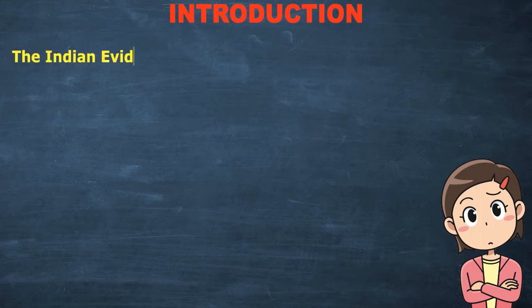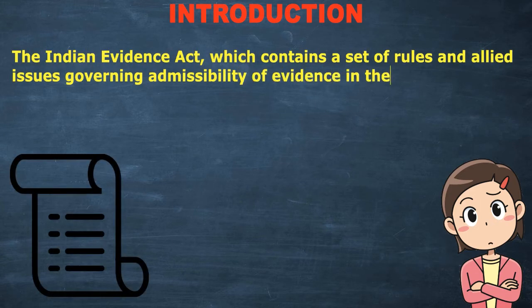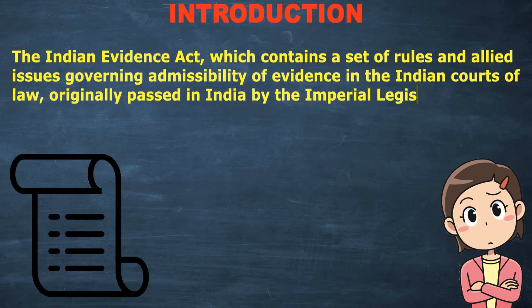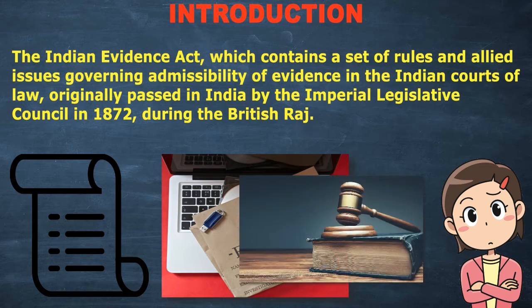The Indian Evidence Act contains a set of rules and allied issues governing admissibility of evidence in the Indian courts of law, originally passed in India by the Imperial Legislative Council in 1872 during the British period.